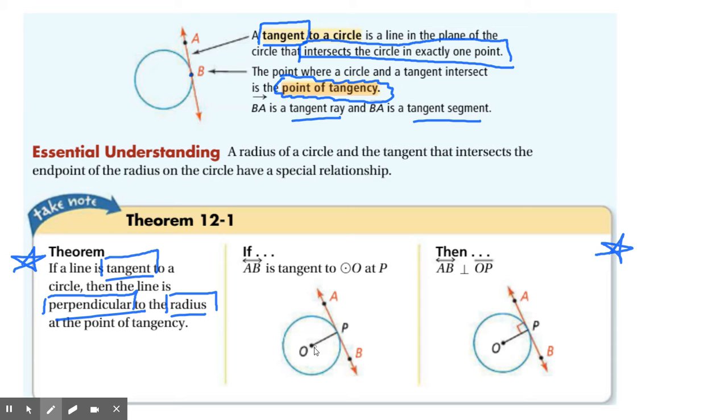So P is that point of tangency. That means that where the radius OP touches line AB, those will be right angles because the tangent is perpendicular to the radius. AB is your tangent line in this picture, and OP is a radius of circle O, and they are going to be perpendicular.